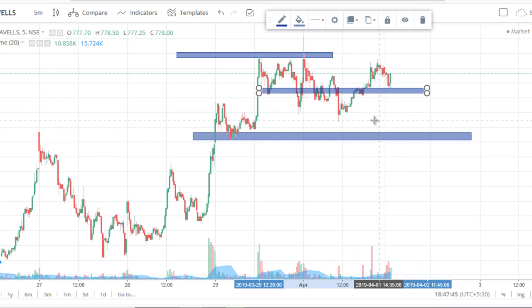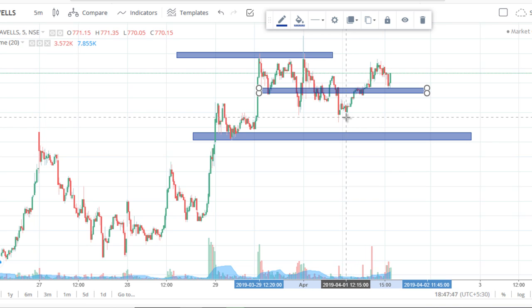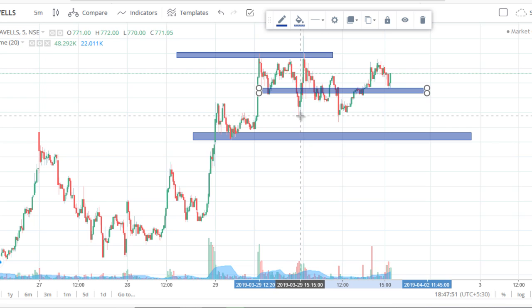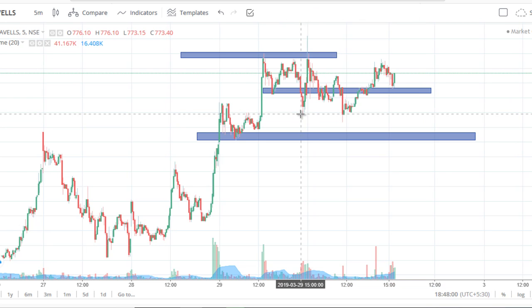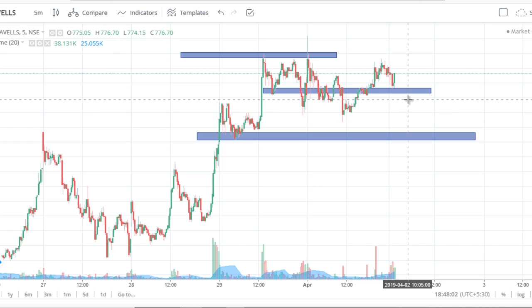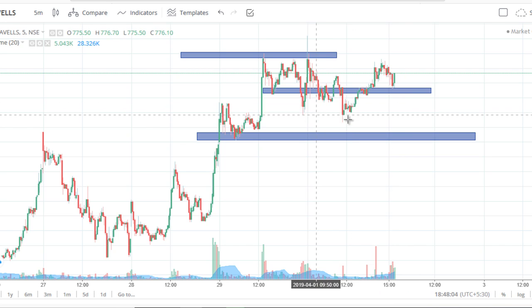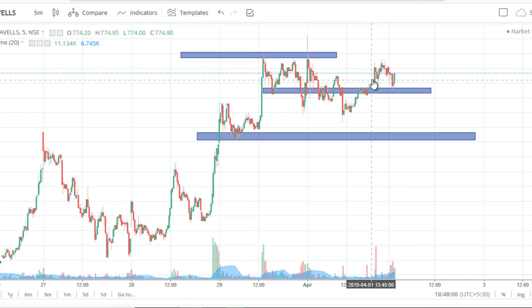Of course, it could not reach, and after moving to 769, which is the low here, you can see this is 769. This is one more minor support which I could not draw here. At this point exactly, the stock took a turn and moved in the upward direction.